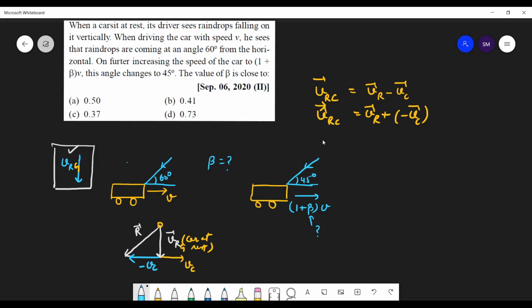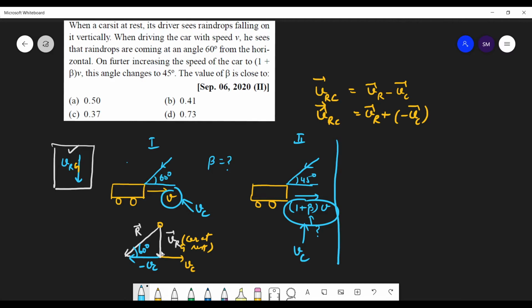Now this is case 1 when the velocity is v, and this is case 2 when the velocity is this. This is the magnitude of velocity of car. Here this angle is 60 degrees.